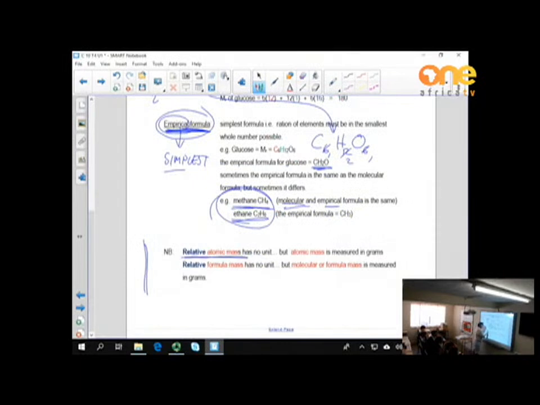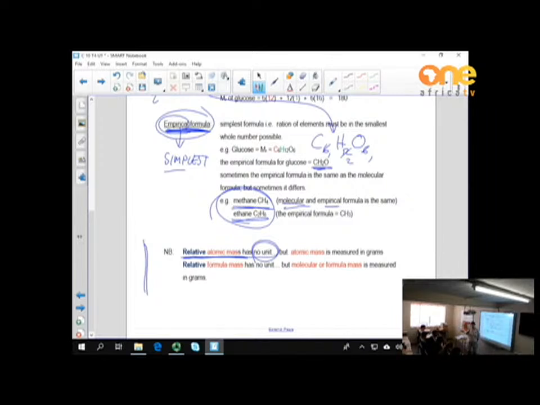Relative atomic mass has no units. That's the value we get from the periodic table. Do they write it in grams? No, because it is the relative atomic mass, and if it's relative, there are no units. We use the relative atomic masses to work out the mass of 1 mole of a substance.